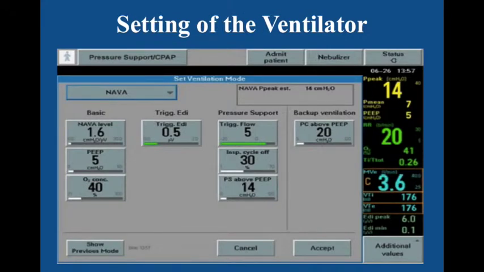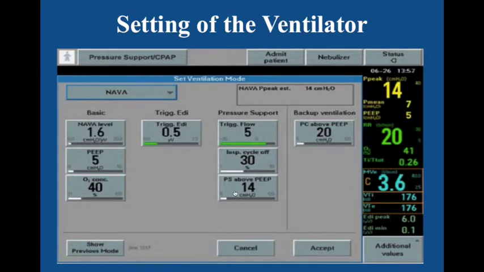And what do we have to set on the ventilator when we use NAVA? Basically we have to set the NAVA level, and then the PEEP, of course, O2, and trigger. Pressure support depends on whether you use volume control, pressure control, or pressure support mode. We also have to set the cycle and the pressure above PEEP.